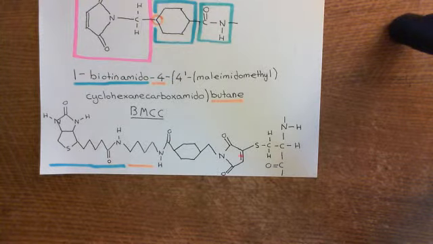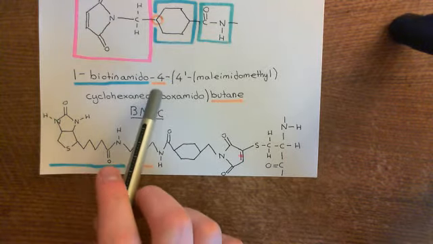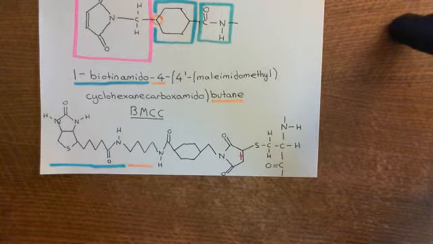We've now exposed both of our protein samples, not just the one that we've exposed to hydroxylamine, but also the one that we've kept as a control, to this molecule, 1-biotinamido-4-(4'-maleimidomethyl)cyclohexane-carboxamido butane.